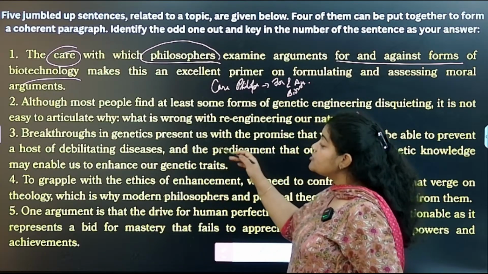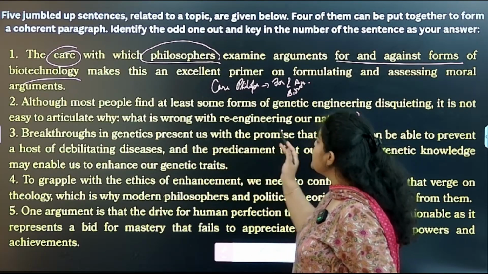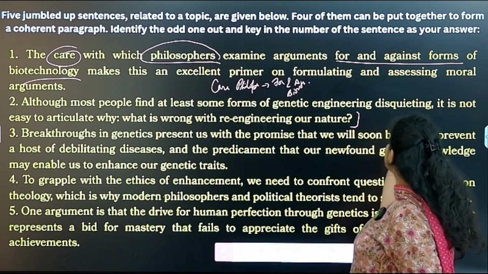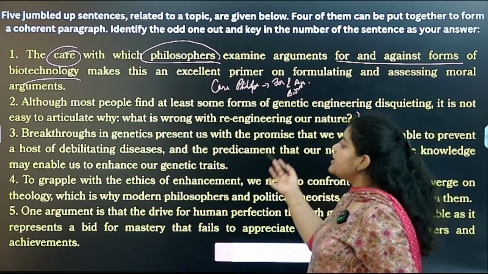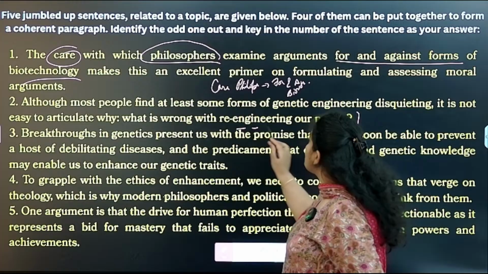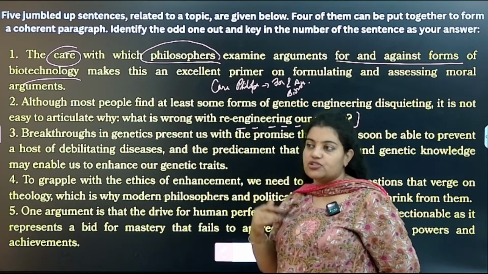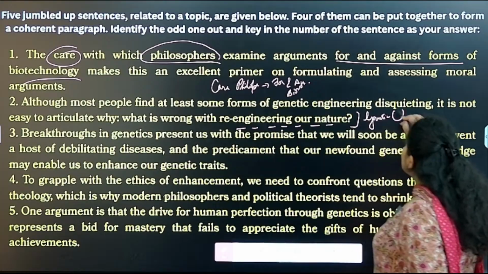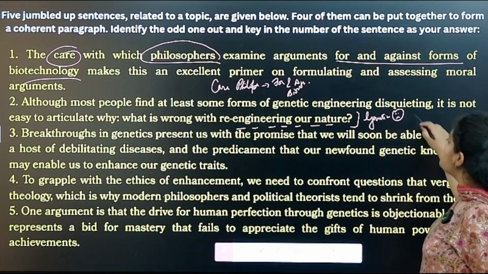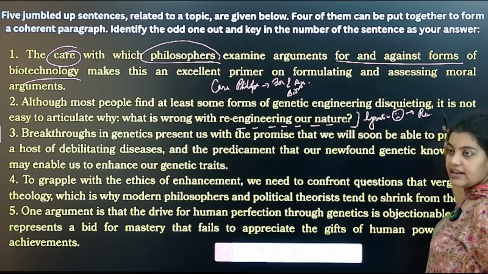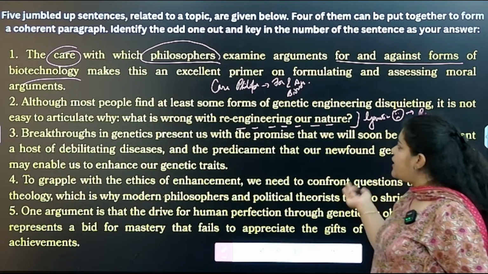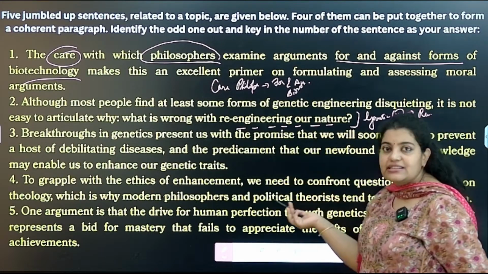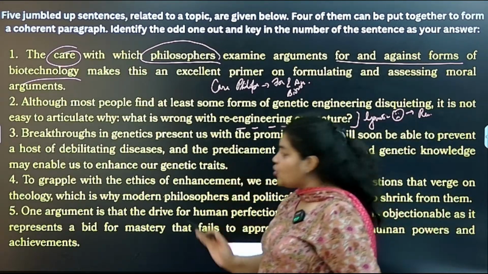This is talking about that most people find at least some form of genetic engineering disquieting. It is not easy to articulate why and what is wrong with re-engineering our nature. So it is more about genetics and people not happy, okay, and maybe not happy with re-engineering our nature. And let's see, okay, is biology a part of genetics here? Okay, let's see. Let's keep it on hold, right?